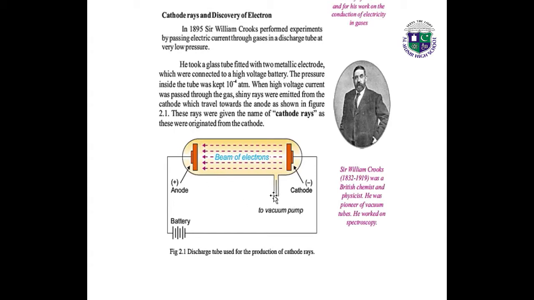Here we have the battery and these are the two electrodes. The pressure inside this tube was kept at 10 power minus 4 atm. When high voltage current was passed through the gas, shiny rays were emitted from the cathode which traveled towards the anode. As this figure shows, these rays are known as the cathode rays.